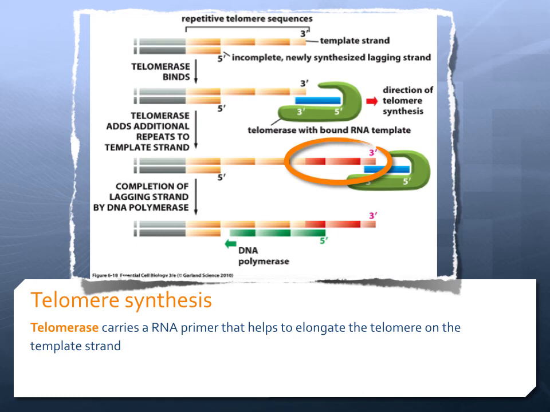Then it provides a longer, single-stranded telomere that makes it possible for the DNA polymerase to make the synthesis of this DNA and merge with the previously completed DNA double strand. Again, there will be a little part that will remain single-stranded, and this little part will be removed after by exonucleases.